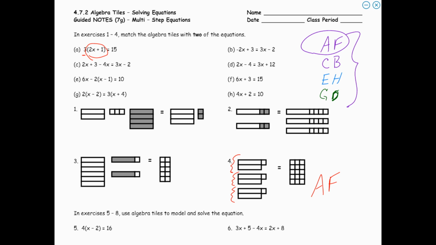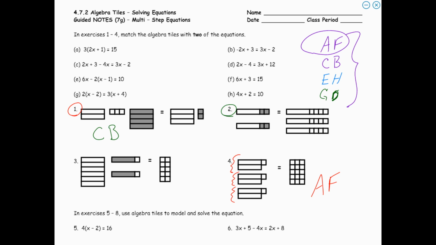So which pair matches number 1? Which one has 2x's plus 3 and negative 4x's? Number 1 does. So C and B match 1.